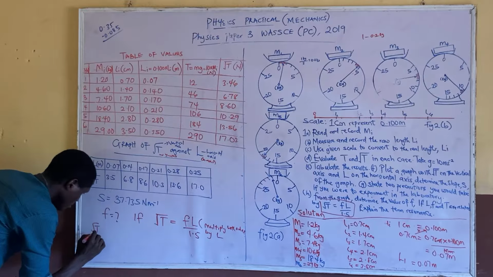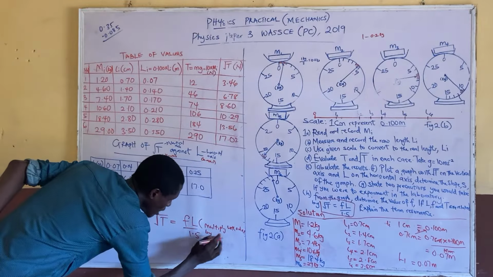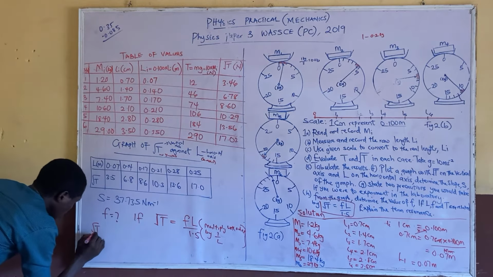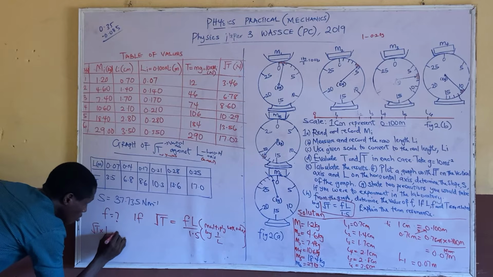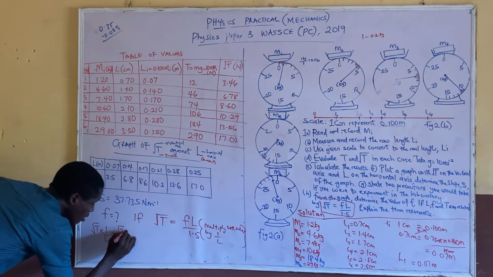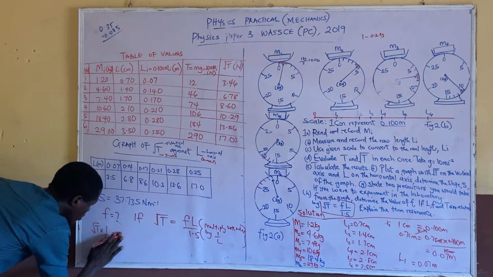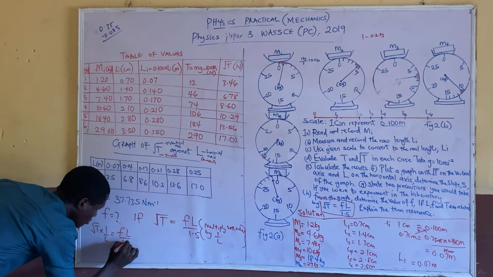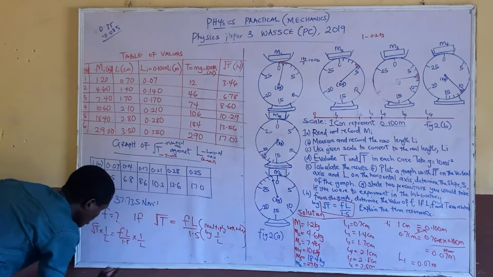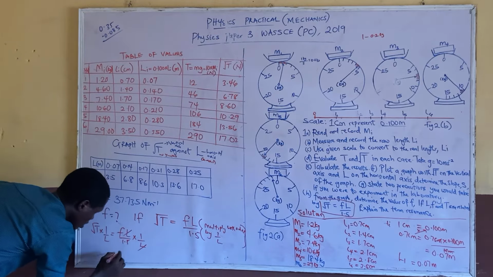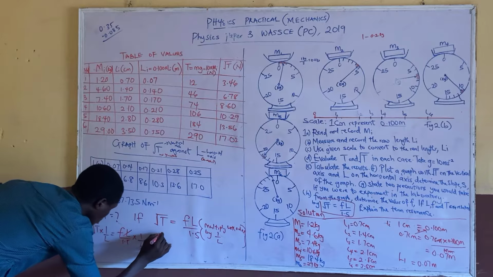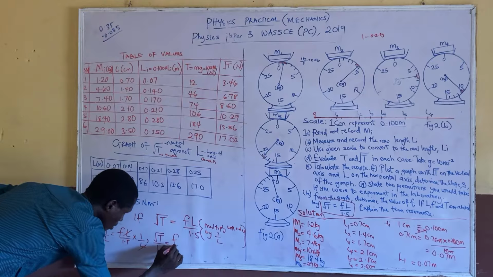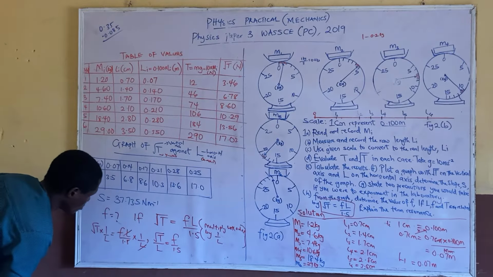Multiply both sides by 1 over L. So root T times 1 over L equals FL all over 1.5 times 1 over L. So this one cancels out, and we have root T over L equal to F all over 1.5.